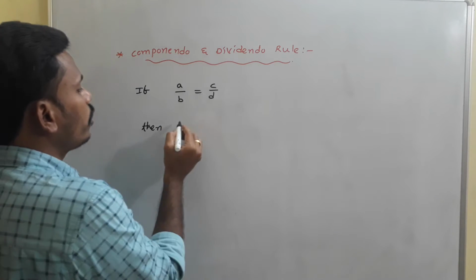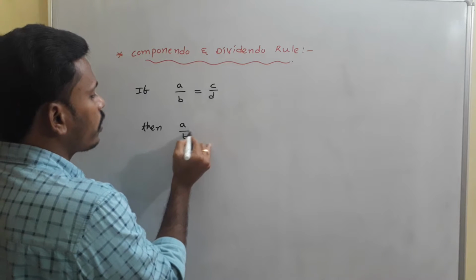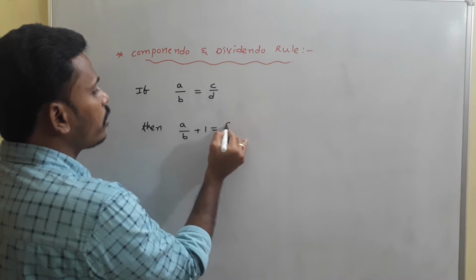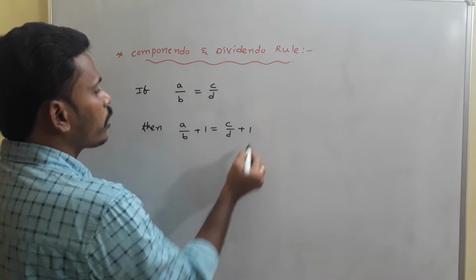What I am going to do is add 1 on both sides, maintaining the balance. A by B plus 1 is equal to C by D plus 1.